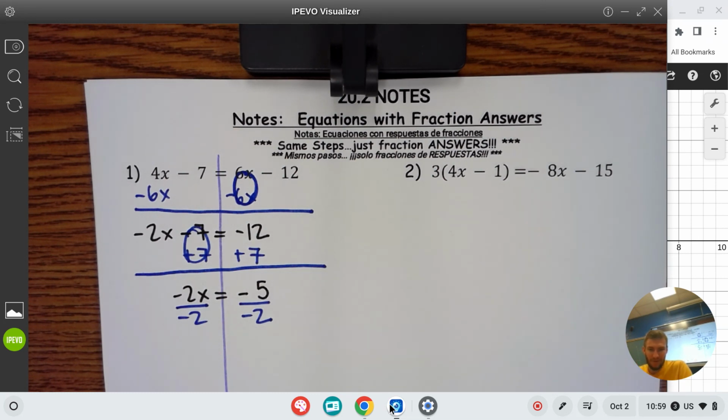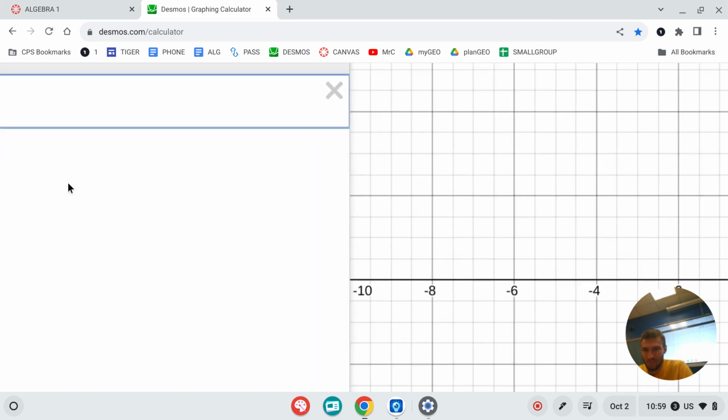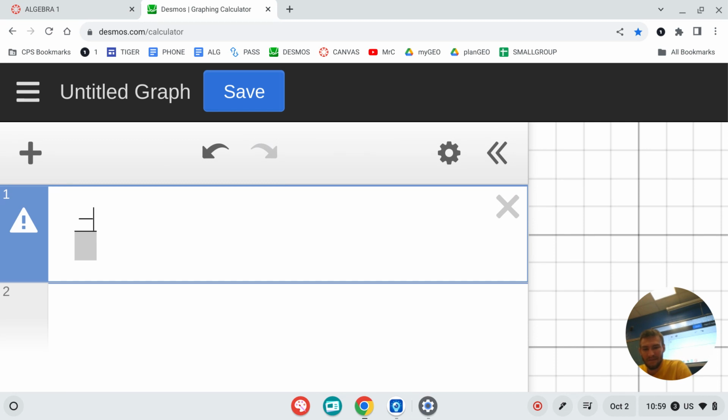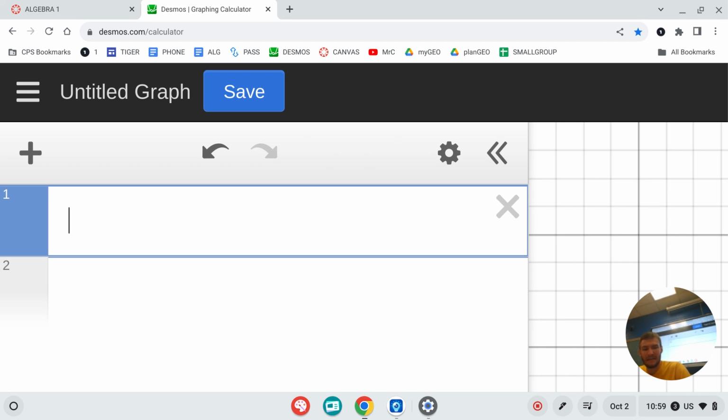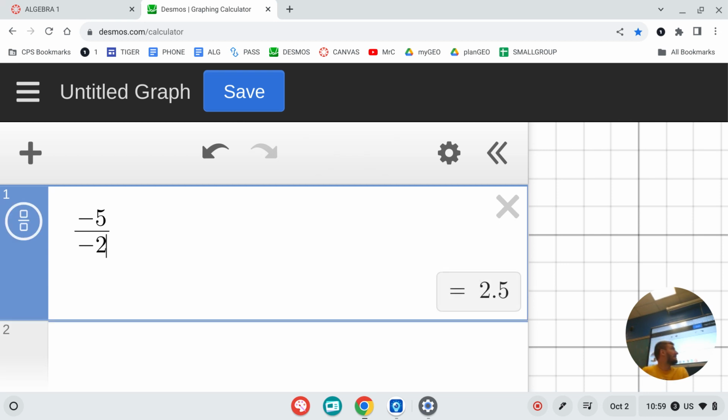If we go to DESMOS, if we type it in, let me zoom in a little bit so we can see, fraction, negative 5 on top of negative 2. Make sure you're pressing that divide button, negative 5 on top of negative 2. We're getting a decimal, 2.5.